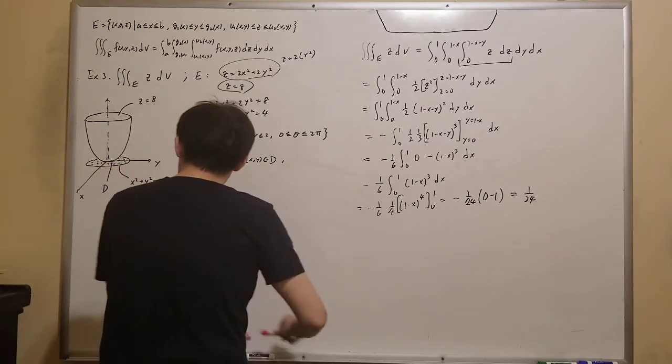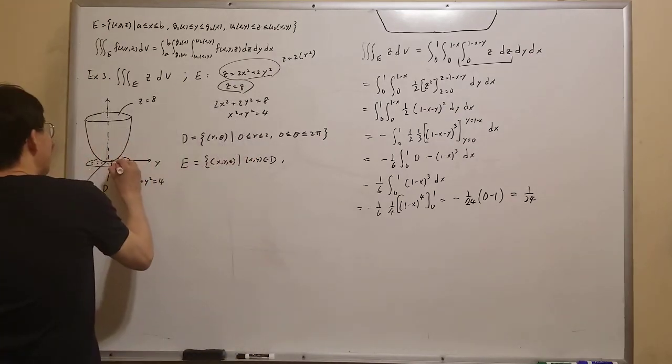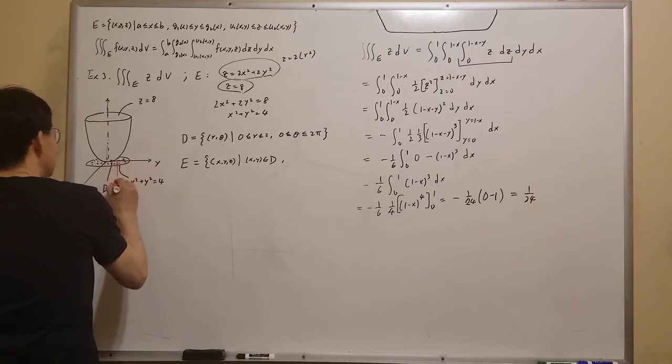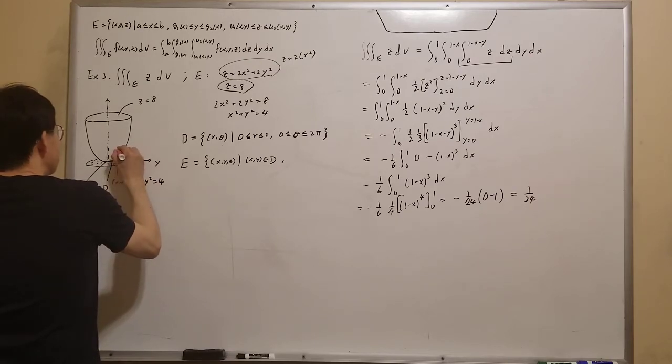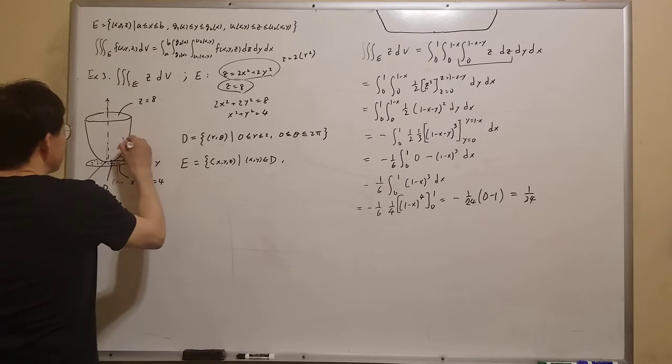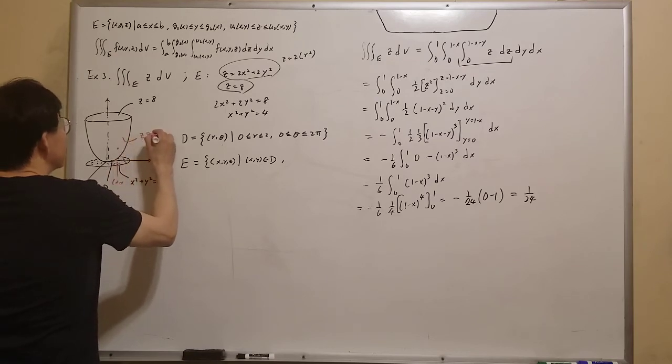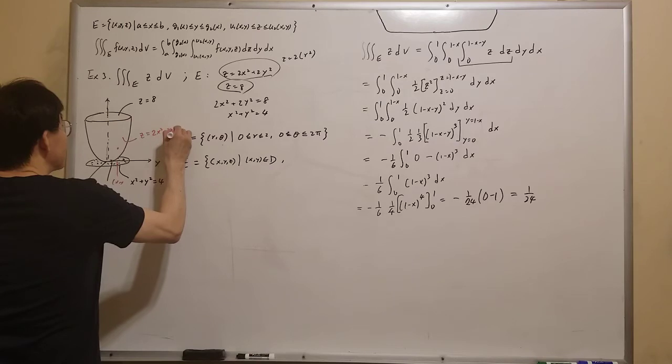For given x, y, you enter through this surface, 2x squared plus 2y squared.